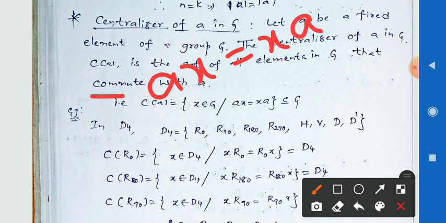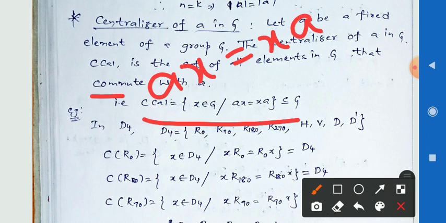When this condition is satisfied, it is called the centralizer of A in G. Once again, C of A is the set of all X belonging to G such that Ax equals Xa, a subset of G. Then C of A is called the centralizer of A in G.